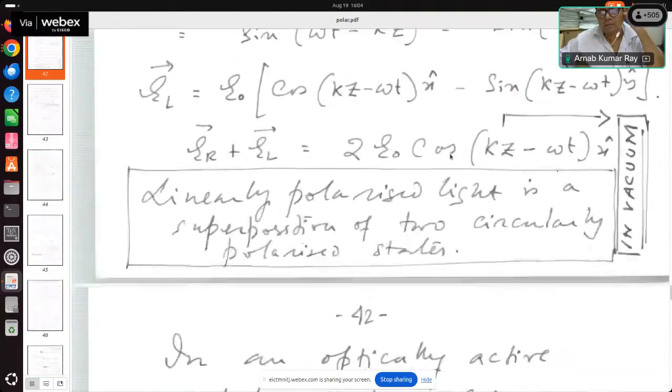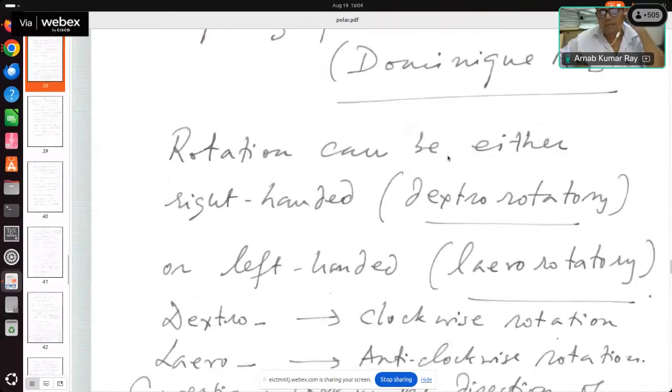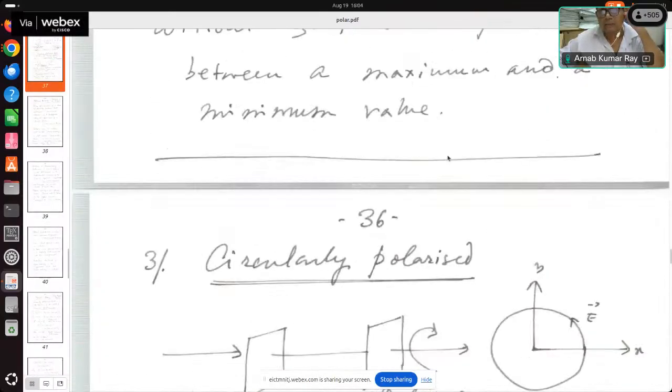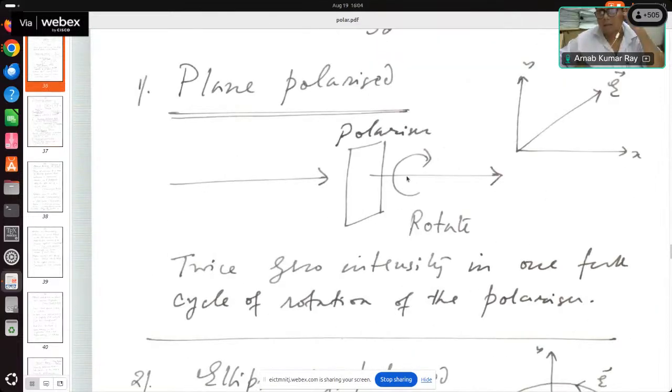So suppose you have been given some light and you have been told that this is in a polarized state. How will you know? So basically there are only two standard states of polarization, linearly polarized. So if you have a linearly polarized light, you make it pass through an analyzer. So this left arrow is linearly polarized light that is incident on the polarizer.